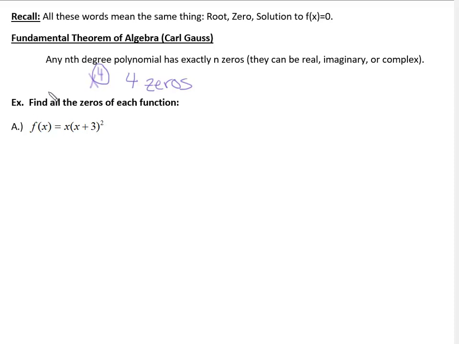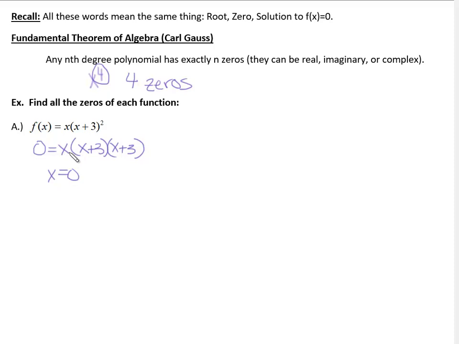Alright, so let's take a look at an example. Find all zeros of each function. Our first one here is x times the quantity x plus 3 squared. When I want to know when this is 0, we replace f of x with 0. Remember that x plus 3 quantity squared means that I have 2 of those factors, so go ahead and write those out. Then we set each factor equal to 0 using the zero product property.